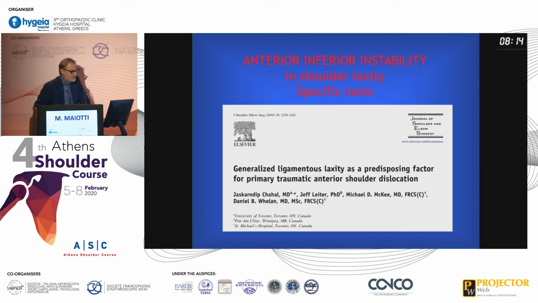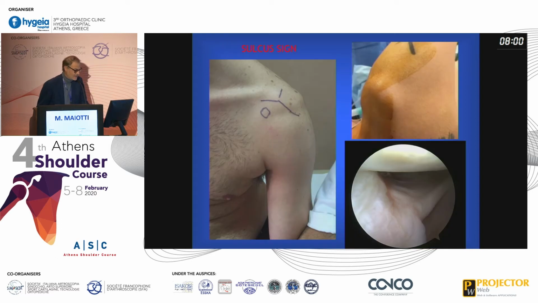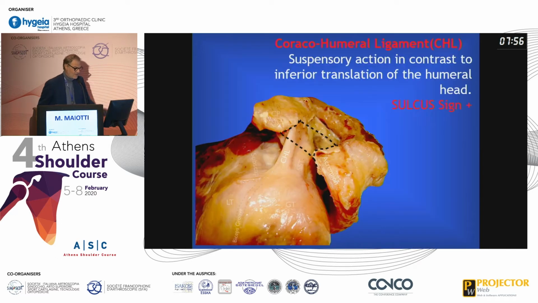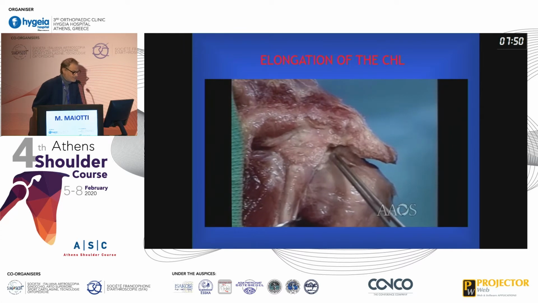And we think that in anterior inferior instability, many patients have a shoulder laxity and a predisposition to anterior inferior instability. And then we have to do specific tests, the sulcus sign, everyone knows it. That means that there is an elongation of the coracohumeral ligament, as you can see.